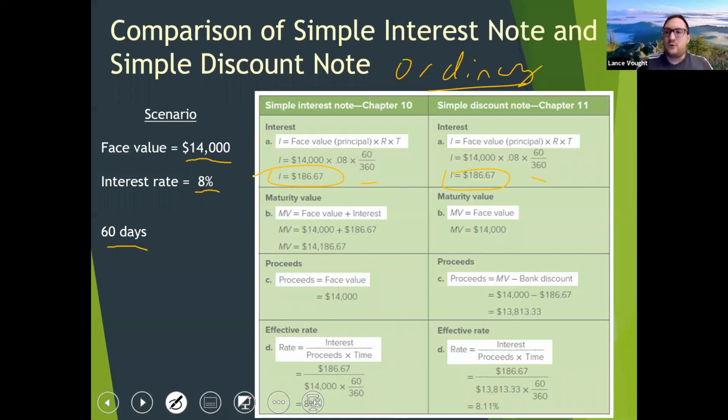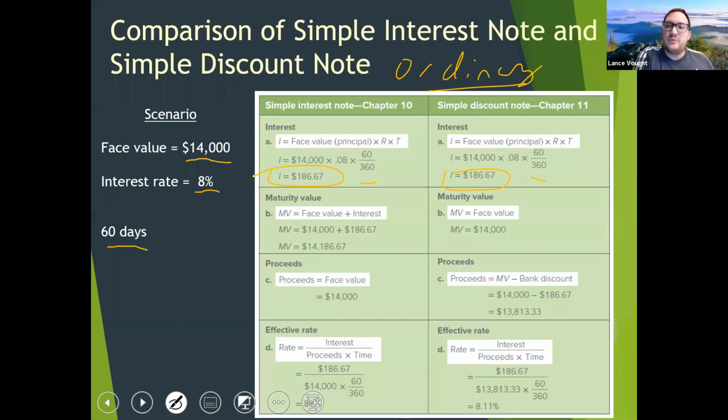Remember, you get the full 14,000 in a simple interest loan, but in the simple discount note, you do not get the full amount, but the 14,000 that you're borrowing is the final total that you pay back. So the maturity value for a simple discount note is just whatever you said you were borrowing.